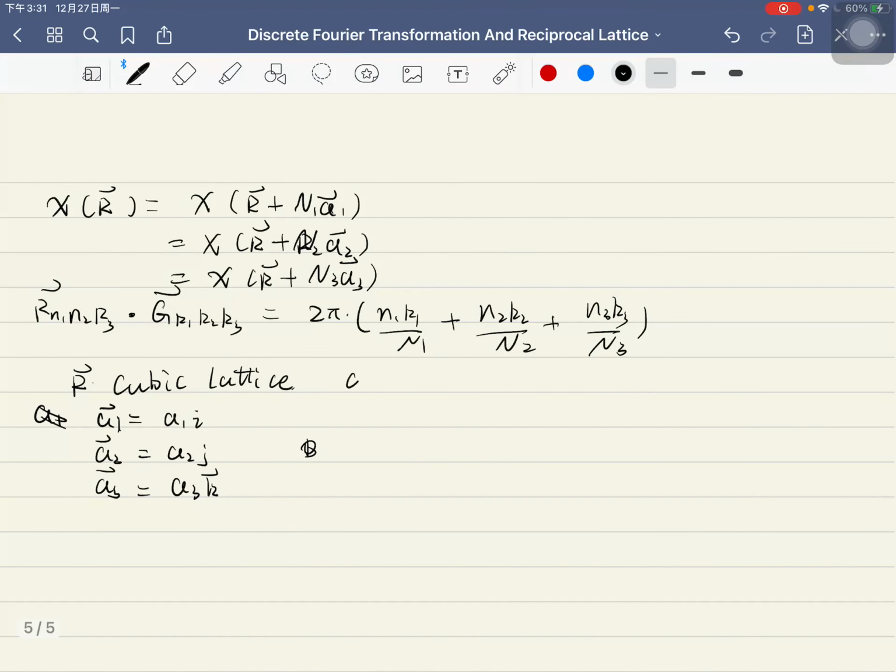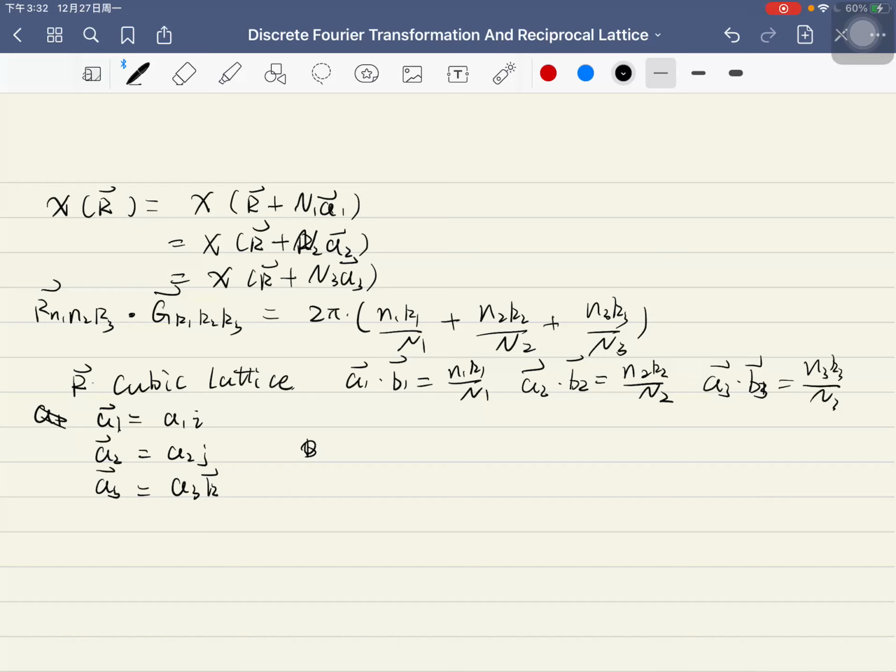So a1 dot b1 is n1 k1, a2 dot b2 is n2 k2, and a3 dot b3 equals n3 k3.